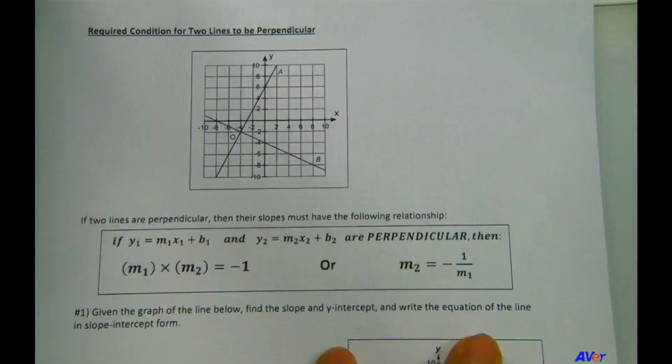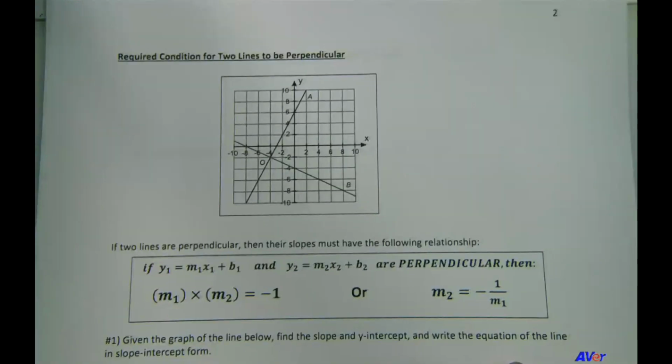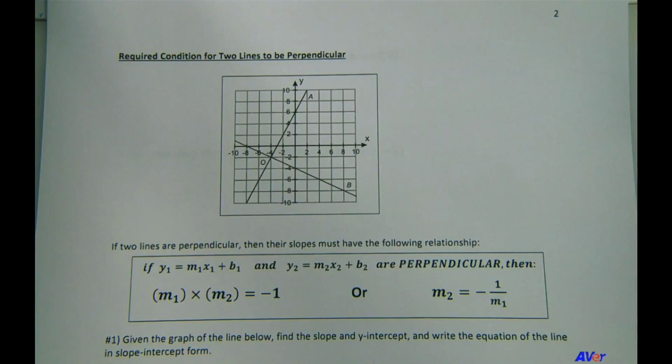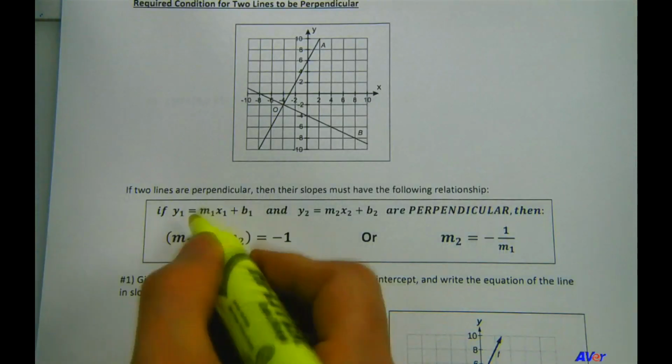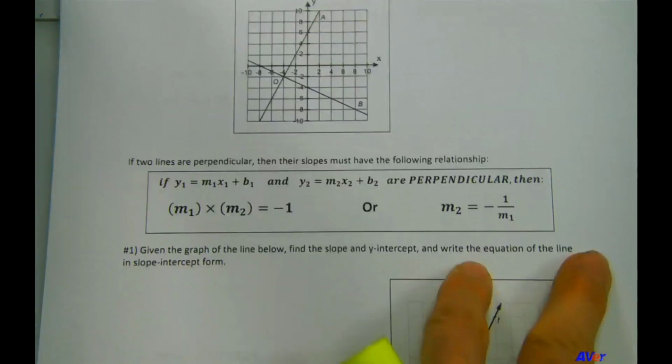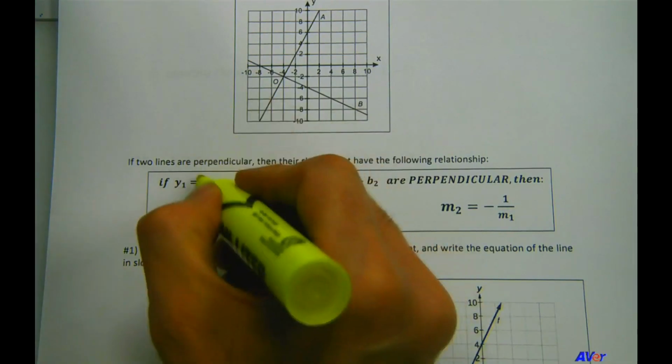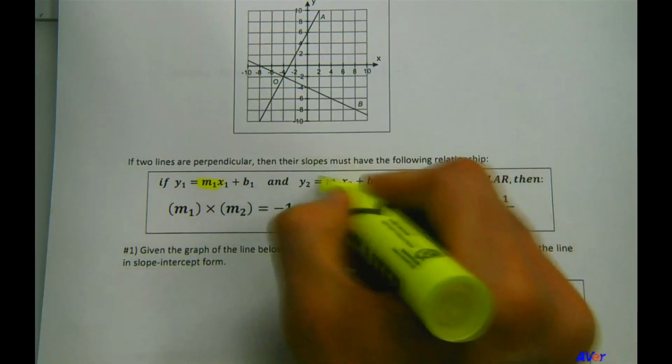For perpendicular lines, the required condition for two lines to be perpendicular is that we begin, once again, with both equations written in slope-intercept form. We make note of their slopes.